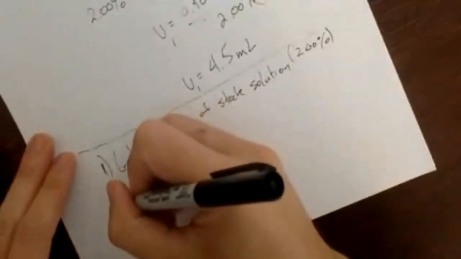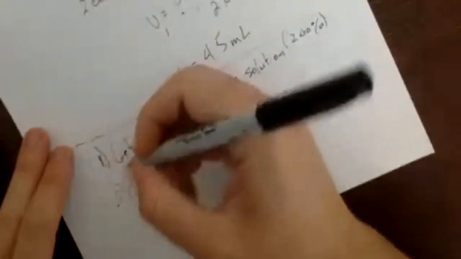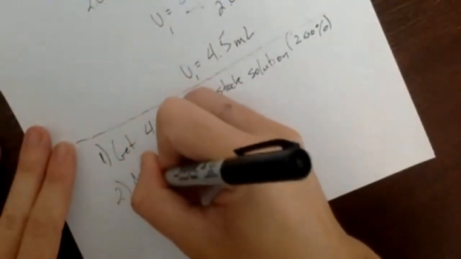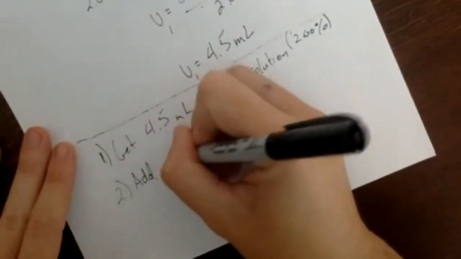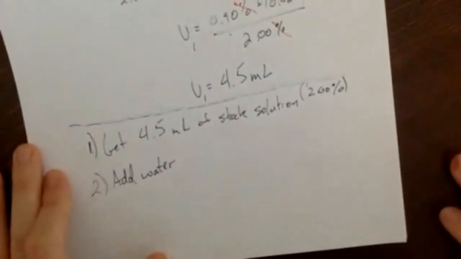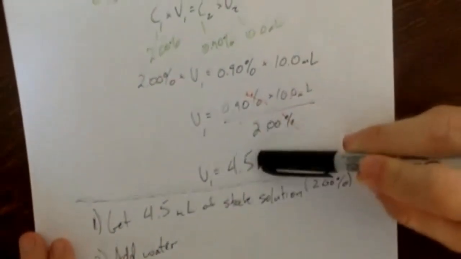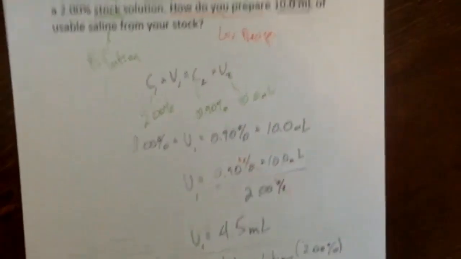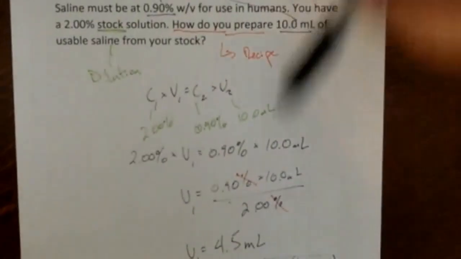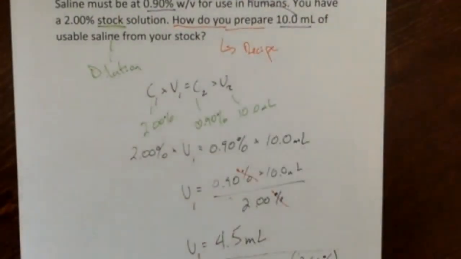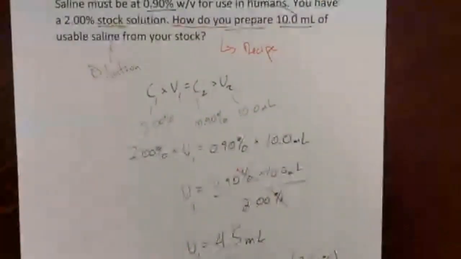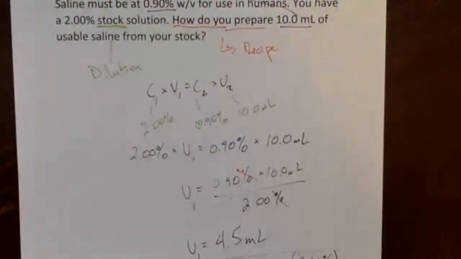Now you need to dilute, and we dilute by adding extra solvent. So you would say you add water. Now, a lot of people would say, well, you're at 4.5, you need to get to 10, so you could take the difference, 5.5 milliliters. But that's not quite right. Volume is not additive.